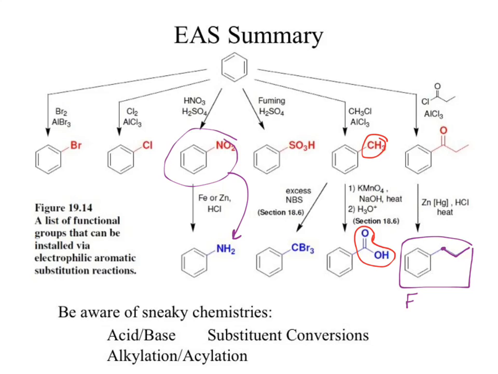We could have done a Friedel-Crafts alkylation. That's FC, by the way. I'm not trying to say it's a grade. Okay? We can do a Friedel-Crafts alkylation to put on that carbon. Okay, so that seems a bit odd. Why would we go through two steps when we could go through one instead? Turns out there's some complications with the alkylation reaction that we don't encounter with the acylation reaction.